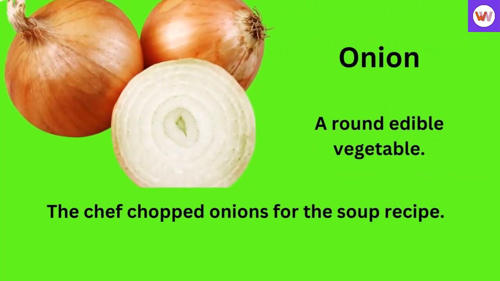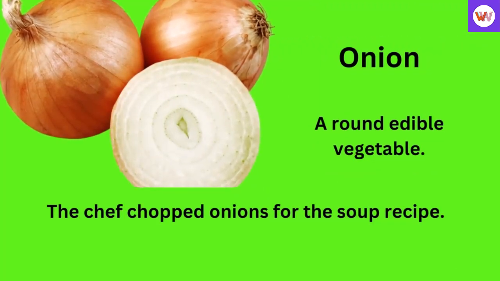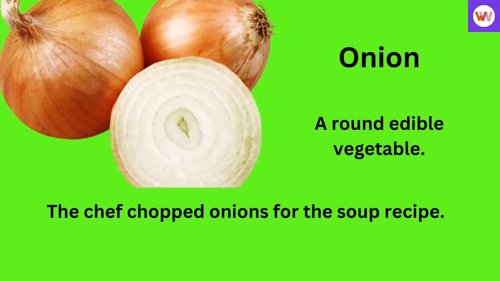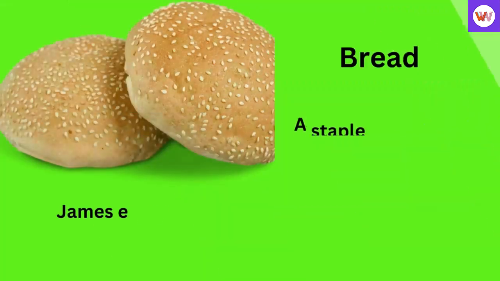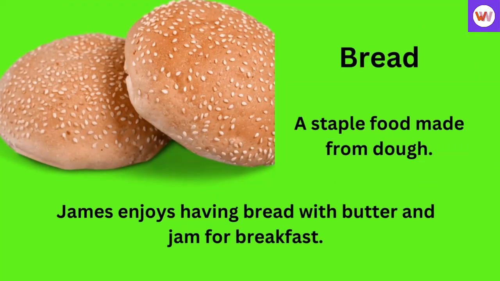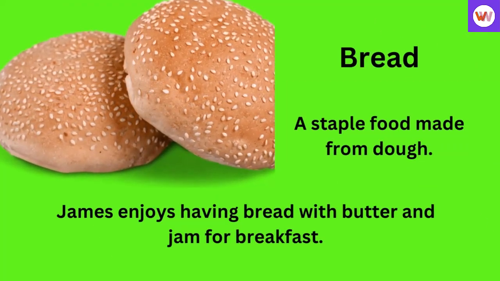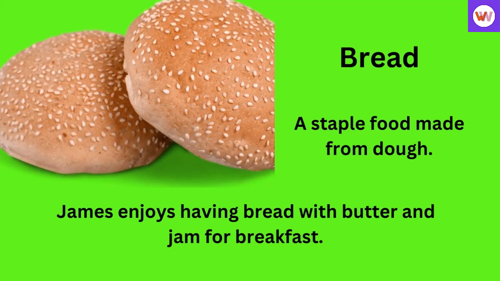Onion. A round edible vegetable. The chef chopped onions for the soup recipe. Bread. A staple food made from dough. James enjoys having bread with butter and jam for breakfast.